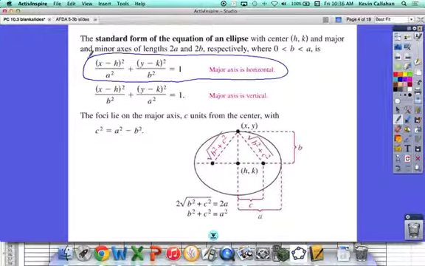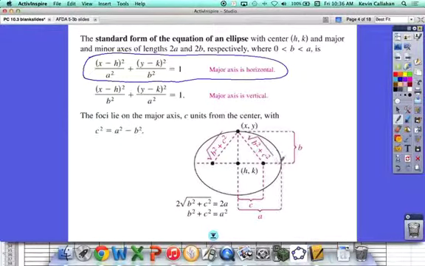Okay, so the (h, k) in this case represents the center. Right? (h, k) is the center, right in the middle. And you can see in the equation, besides that, the only other letters that you have to deal with are a and b. And from the picture, what you can see is that a is the distance from the center to the vertices, meaning the length along the major axis, right?